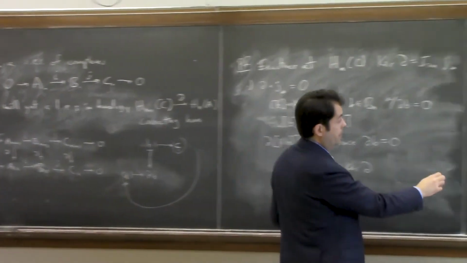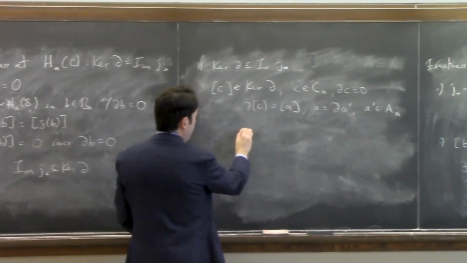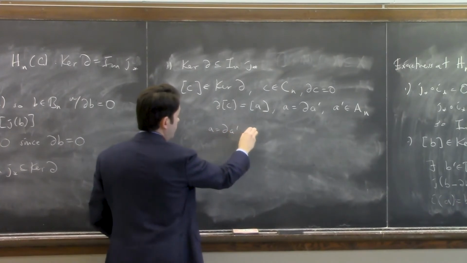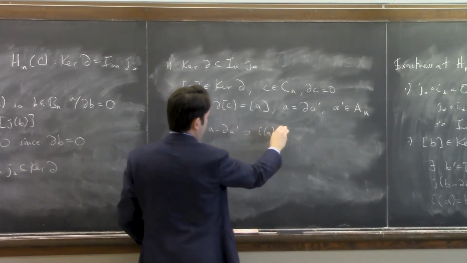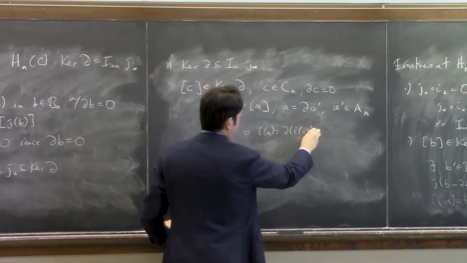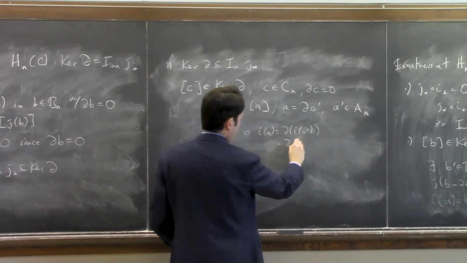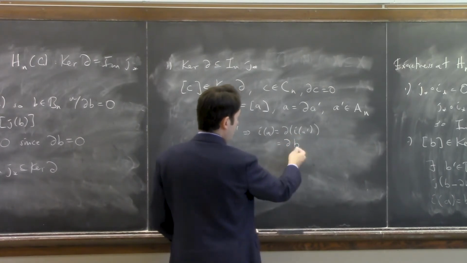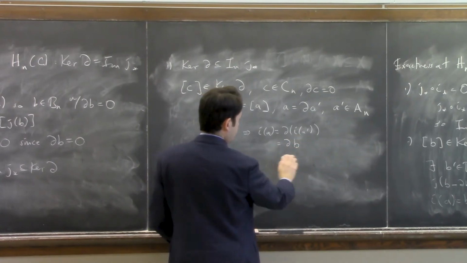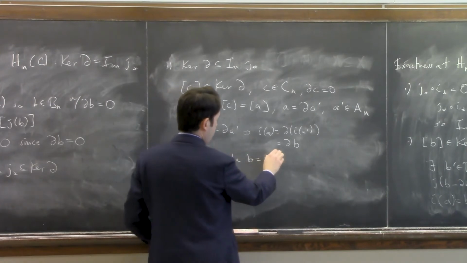So with the notation from over here, A equal to boundary of A prime implies I of A is equal to the boundary of I of A prime. And this is supposed to be equal to the boundary of B. So we can take B equal to I of A prime.